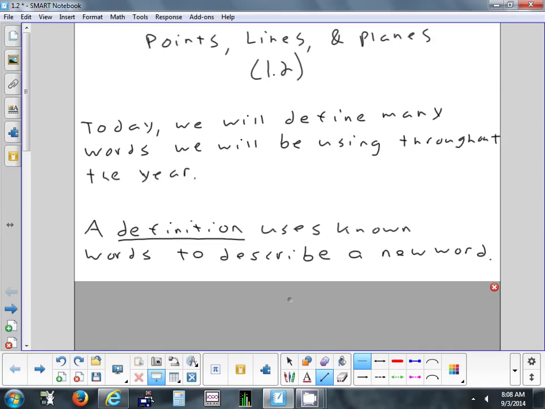In the back of your book, there's an index, or I think there's also a glossary of all the different terms that we're going to learn. If you look at it, there's also a section in the back that has every theorem we're going to be learning all year. Let me just take a quick look.